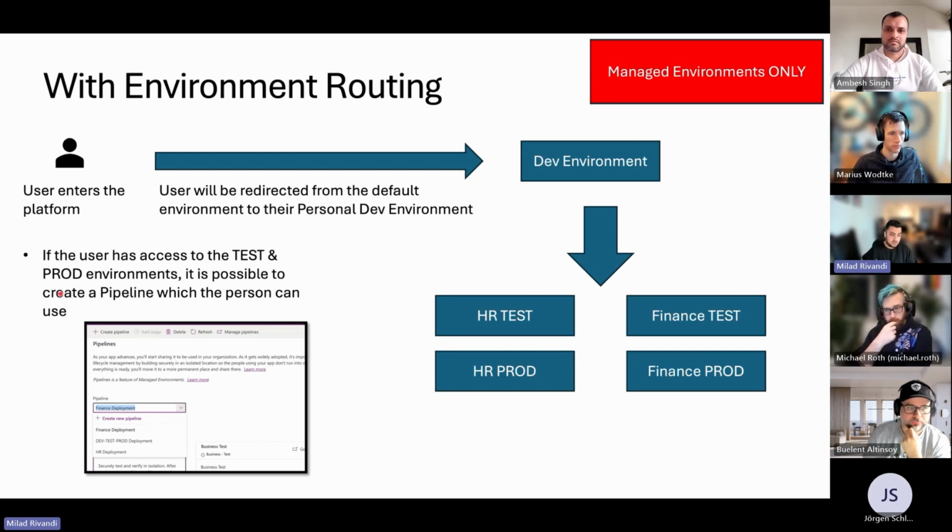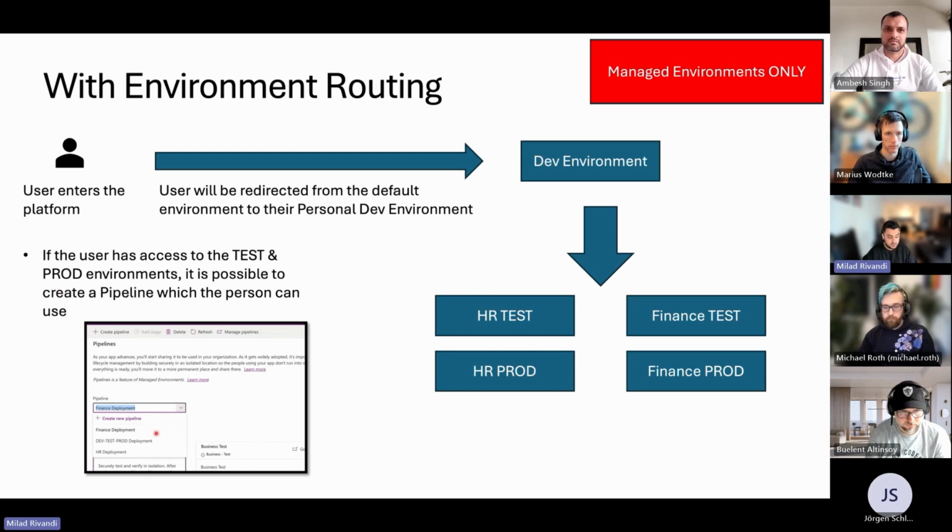And then when we look a bit further, now the maker is developing some stuff, and if they're a developer for the HR department or the finance department, for example, they can also, this is a very new feature, create their own pipeline and select the environments which they have access to.